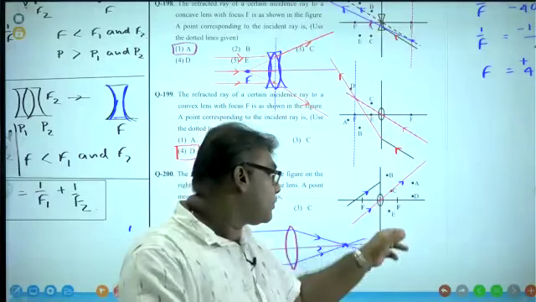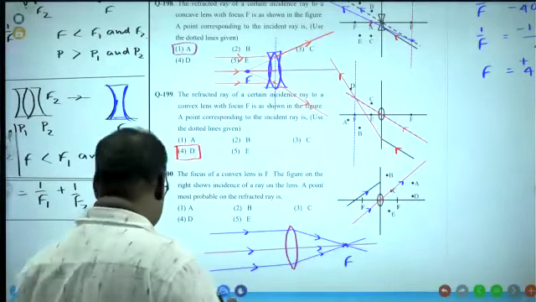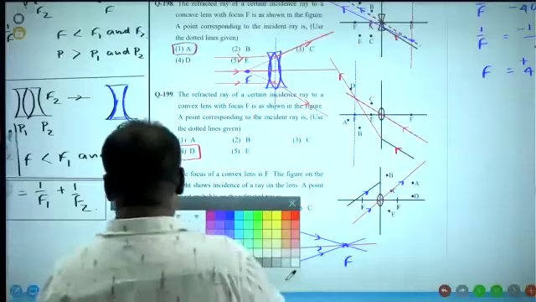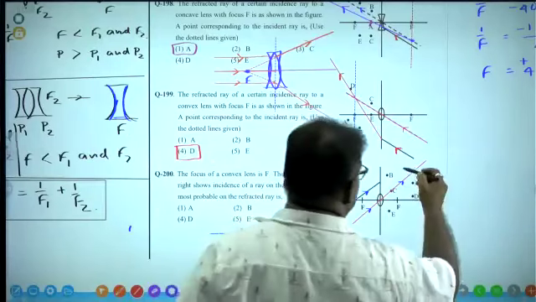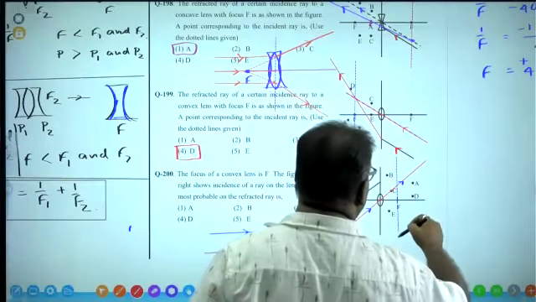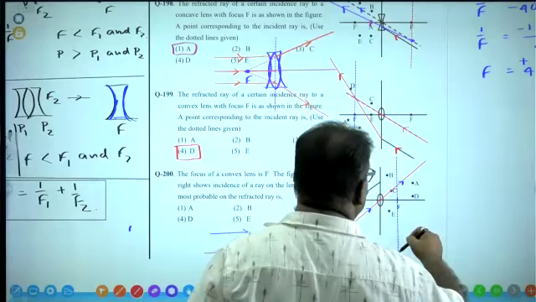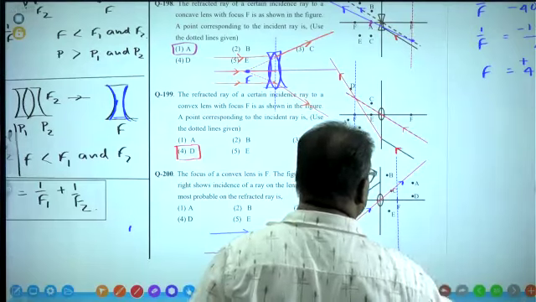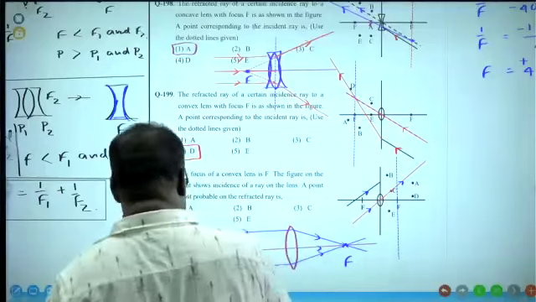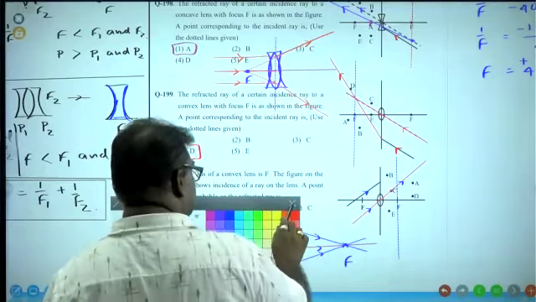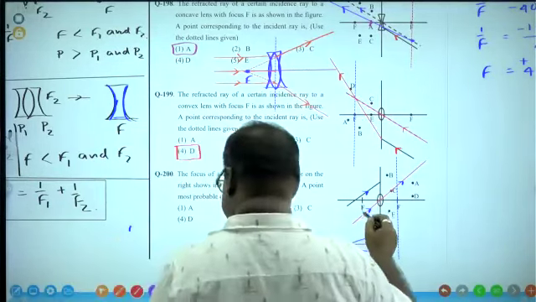on the focal plane. This is the line of the focal plane, right? Line of the focal plane. Then this is the path of the light ray.